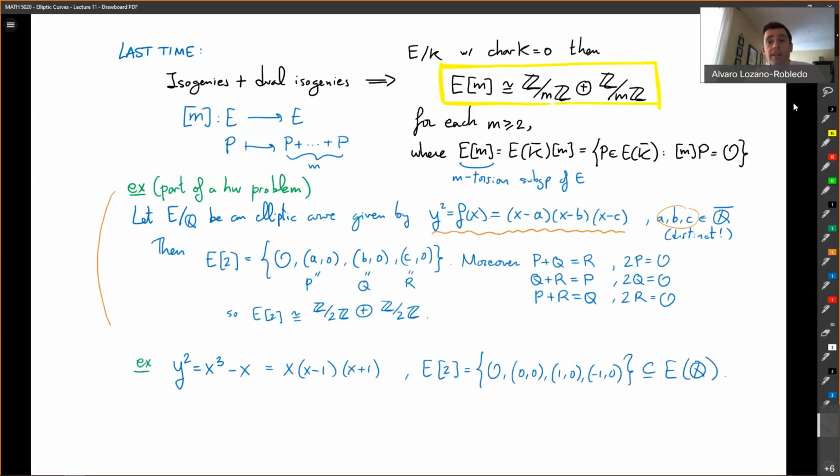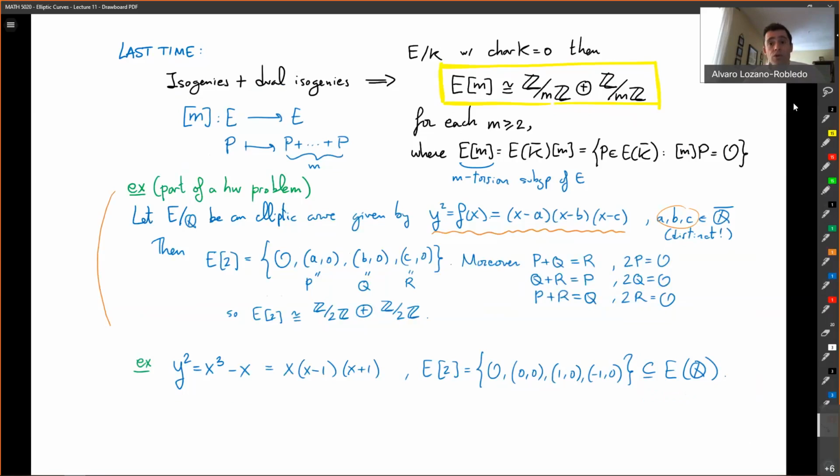Okay, not necessarily defined over Q. So those points, if f of x is an irreducible polynomial, then those points will be defined over Q bar, not over Q. But for example, you can take elliptic curves such as this one, which has come up before. The polynomial in x factors completely, and then you can give the coordinates of all the 2 torsion points in Q. So the full 2 torsion subgroup is defined over Q.